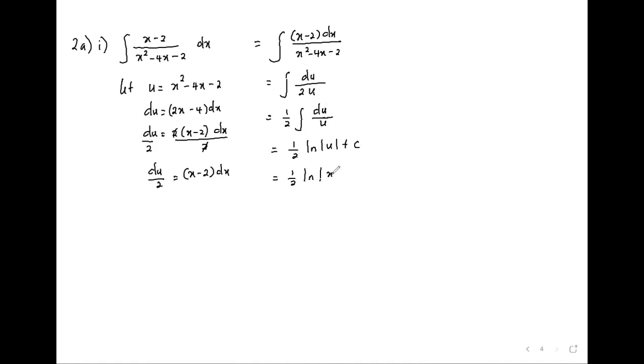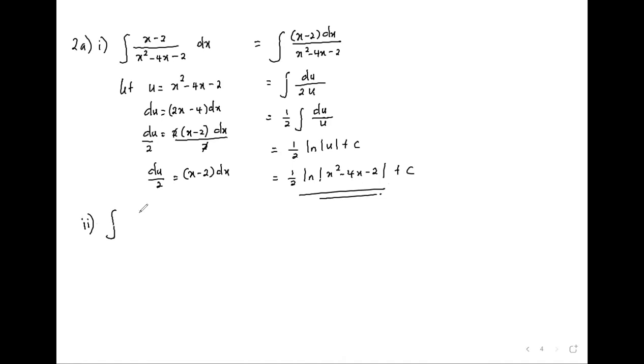U is x squared minus 4x minus 2, plus the constant c. So you see, we've not finished using substitution.